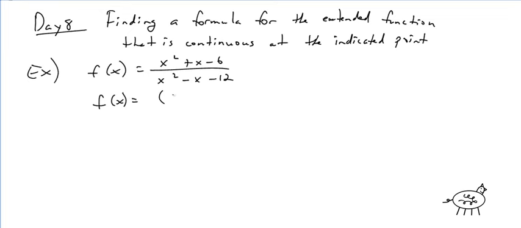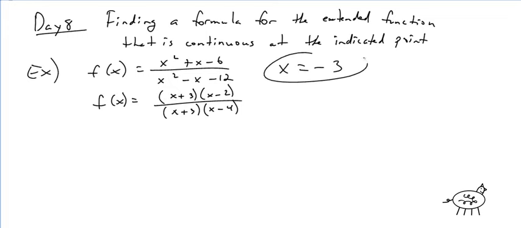I get x plus 3, x minus 2 on top, and x plus 3, x minus 4 on the denominator. Let me give you an indicated point: x equals -3. I need this function to be continuous at that point. How do I make it continuous?